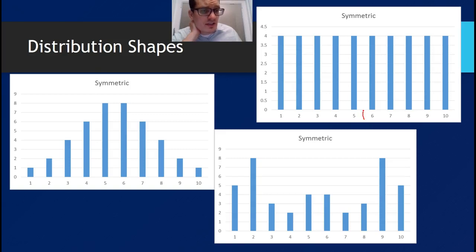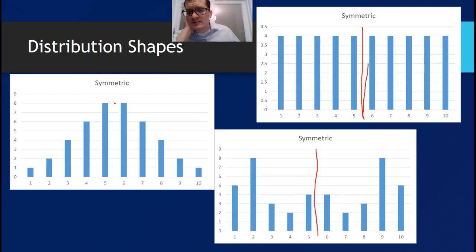meaning that if I drew a straight line right here, I can't draw a straight line very well. That's fine. Here, and I look to the right and I look to the left, they should be mirror images of one another. Same thing down here. If I look there, if I could draw a straight line to the right, to the left, they look like mirror images of each other.